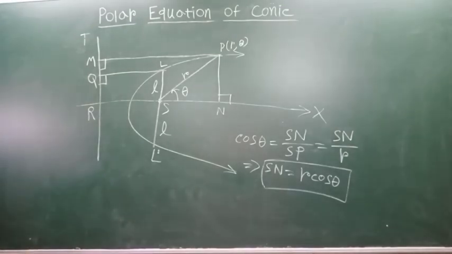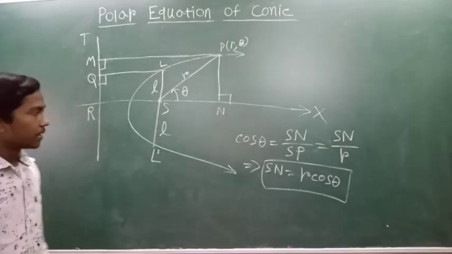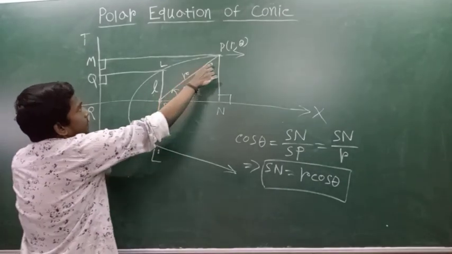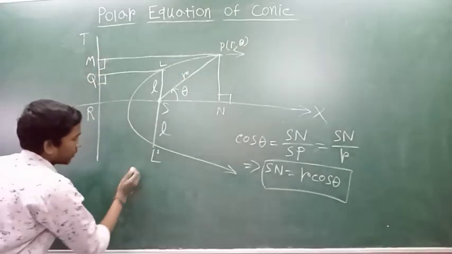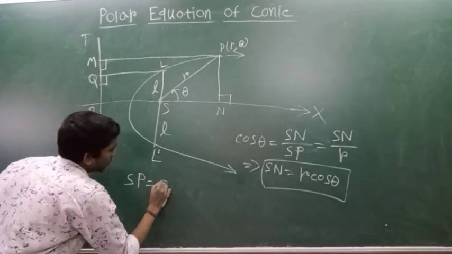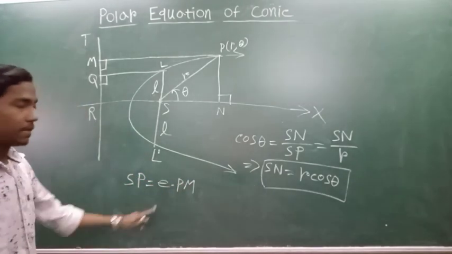Now since P is a point on the conic, we can say that this distance SP divided by this distance PN is nothing but the eccentricity. So we can write SP is equal to e into PN, eccentricity e into PN.